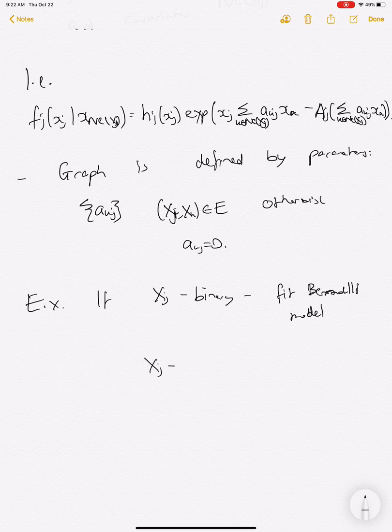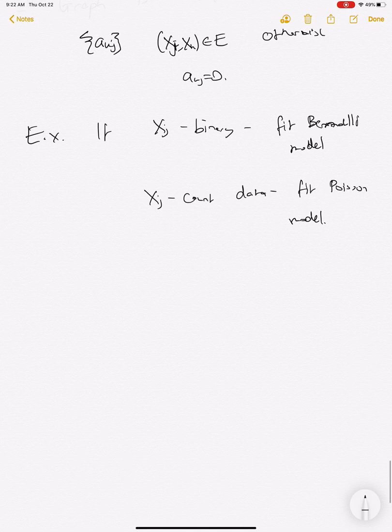If xj is count data, fit a Poisson model. Okay, so this gives you a way to define the undirected graphical model in terms of the conditionals. So just to give you, let's be a little bit concrete here.